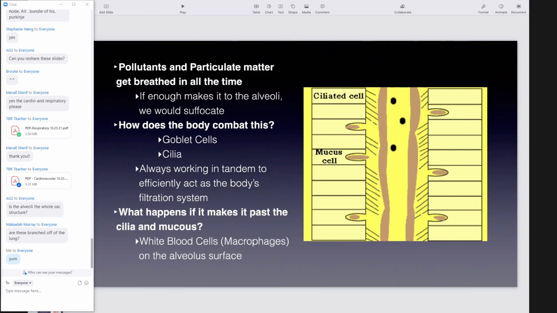So we do have macrophages, other white blood cells on the alveolus surface, so that if this ash, let's say, evades all this mucus and cilia and gets into your alveoli, we can try to clear that out. So the lungs have a huge immune role. That is something that I don't think lungs get enough credit for. Give your lungs some credit.